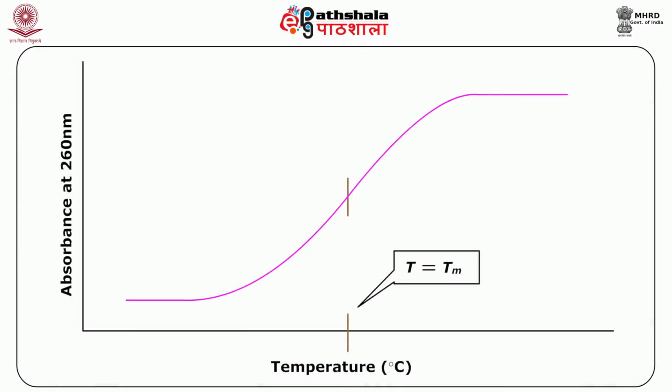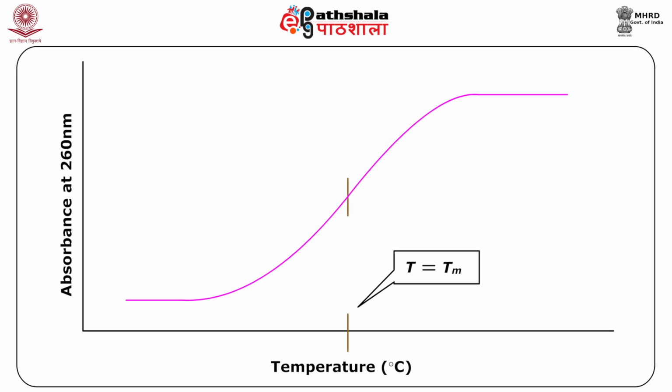Now when DNA is heated, the double-stranded DNA breaks down. Single-stranded DNA, which results, has a greater molar absorptivity at 260 nanometers than double-stranded DNA. The melting temperature, also denoted as Tm, of DNA is the midpoint of the absorbance versus temperature curve as shown in the figure.